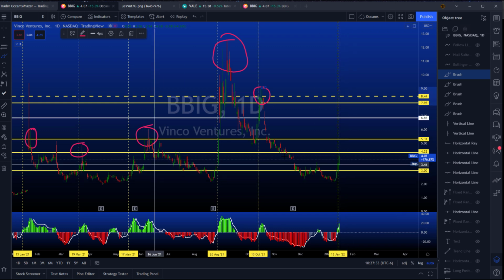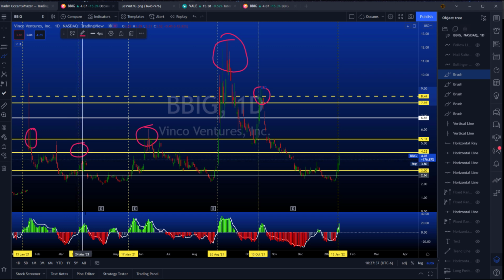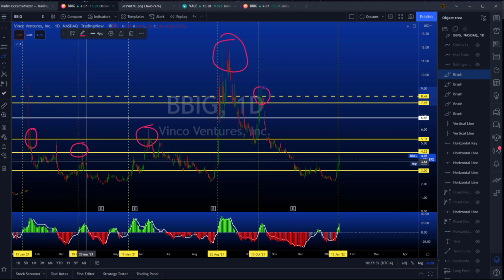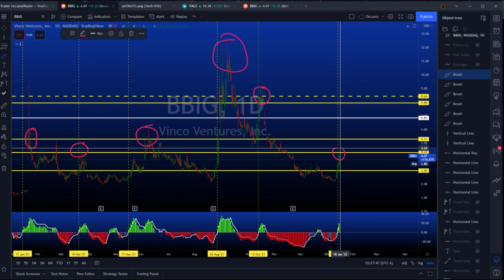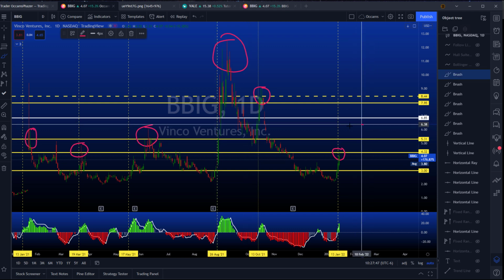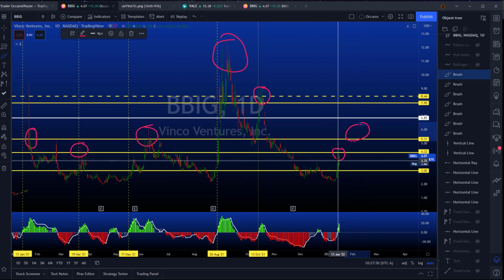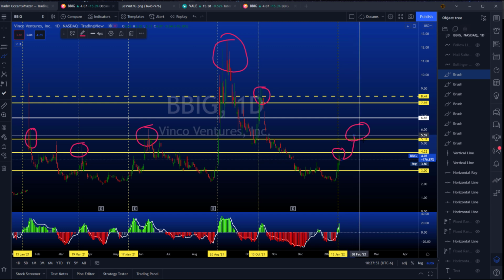So could we expect, and we did see this 4.32 being tested, which back here on March 19th there was this flip, it did test that level. So do we see rejection, or do we start to see these up here?